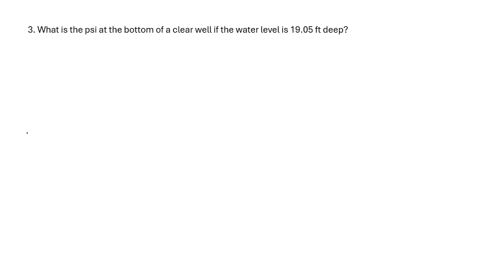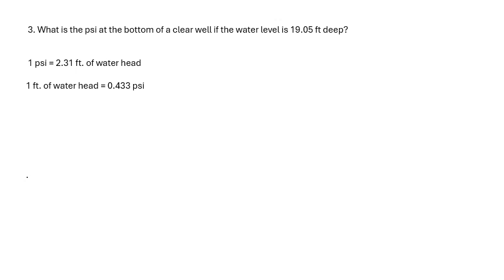All right, so question number 3. What is the PSI at the bottom of a clear well if the water level is 19.05 feet deep? Again, you can use either conversion: 1 PSI is equal to 2.31 foot of water head, or 1 foot of water head is equal to 0.433 PSI.